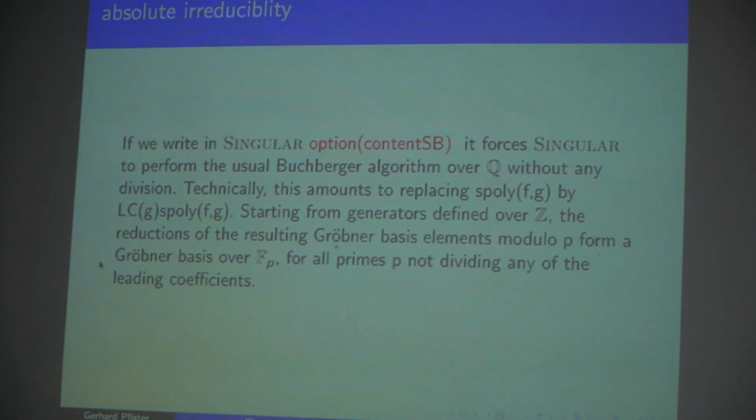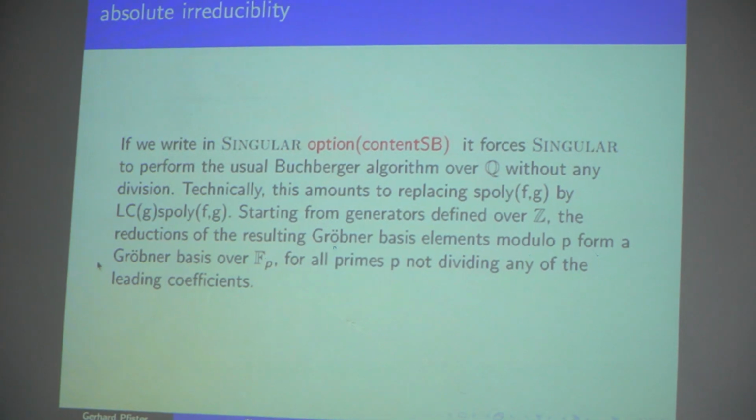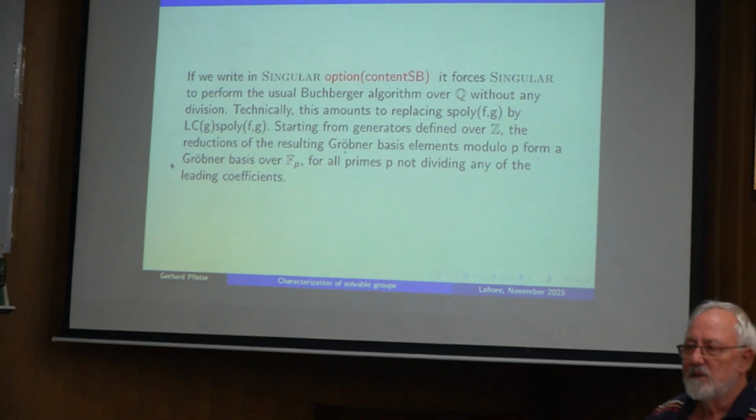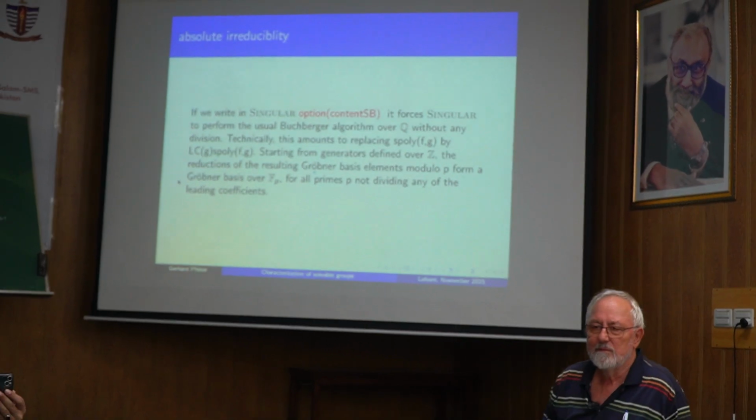That means, for instance, the S-polynomials have to be multiplied up, and the whole computation works over Z. And that means the resulting Gröbner basis over Z is not a Gröbner basis over Z, but it's a Gröbner basis over Q, but you are able to reduce modulo P, and it will be a Gröbner basis over there.